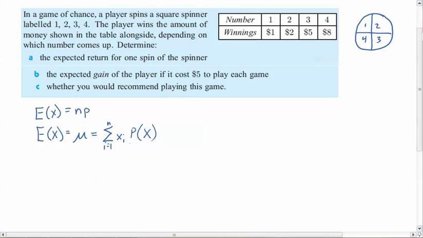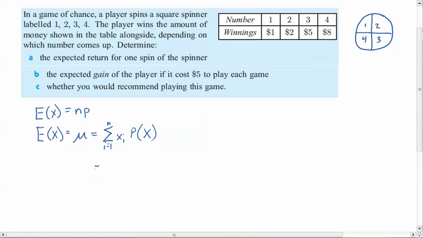So we're going to take each of these pieces and do the sum from 1 to 4, so 1, 2, 3, 4, and we're going to multiply the value of that times its probability.